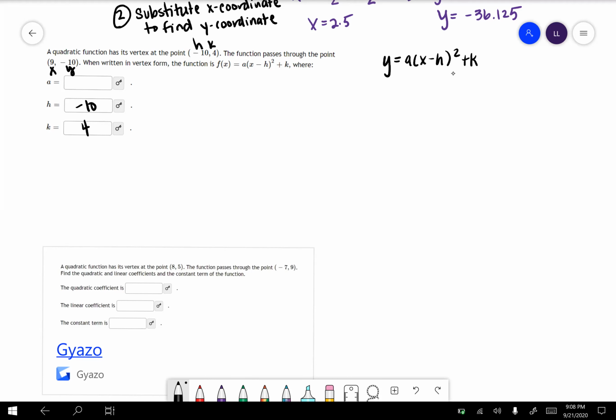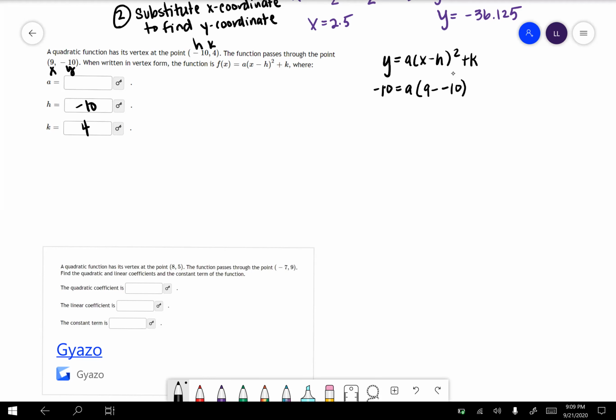And so let's substitute it in. So y, which is -10 here, is equal to a, we don't know, but we know that x is 9, minus h, we know that h is -10, so we're going to say minus -10.